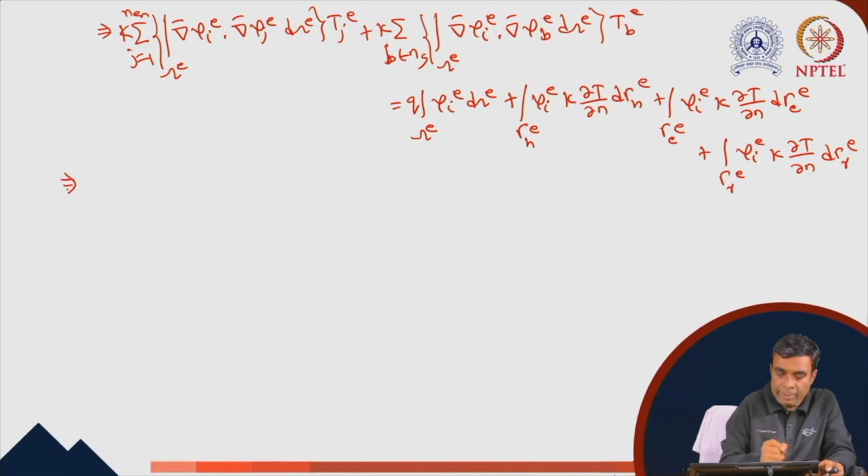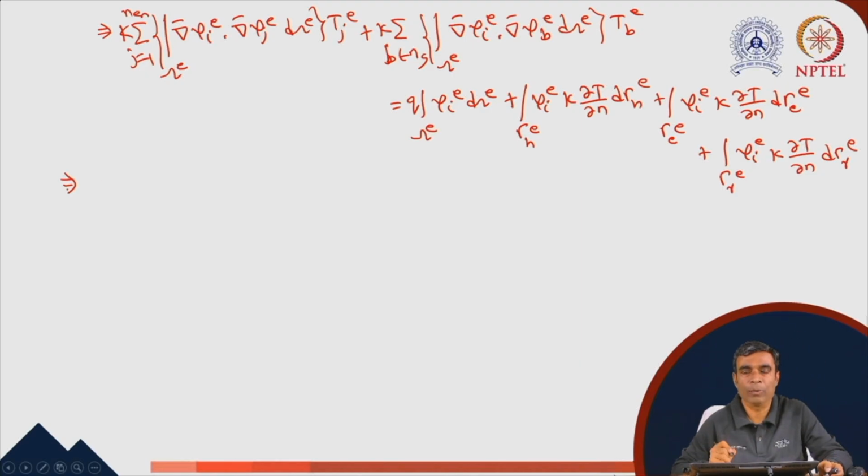Now in the left hand side portion we have one contribution from the essential boundary, which is a known quantity, and which we shift to the right side. The left hand side now constitutes only of the conduction contribution.